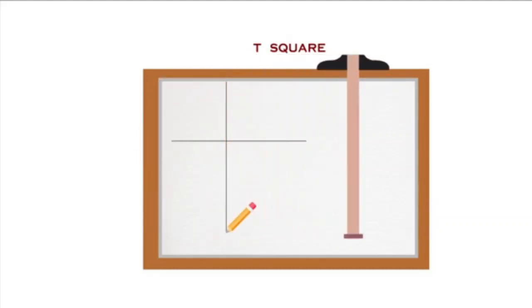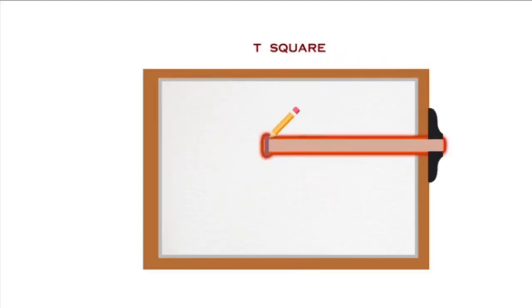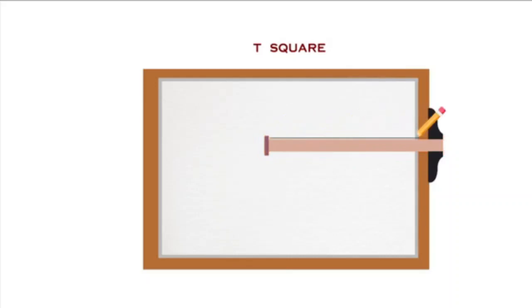See, we move this T-square in this manner and we can draw the horizontal lines. In this, we may observe that the pencil is held slightly inclined to the direction of the line. Now, the point of the pencil should be very close to this edge.